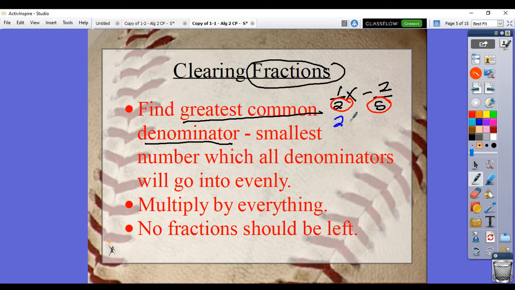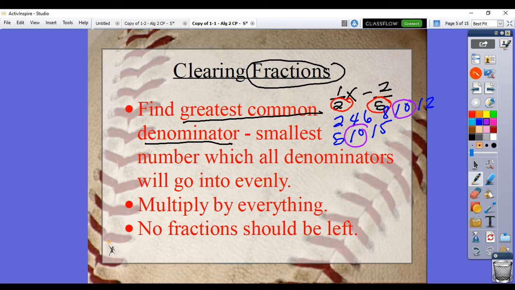Look, the multiples of 2 are 2, 4, 6, 8, 10, 12. What about 5? It's 5, 10, 15. The smallest that goes for both of them is obviously 10. So that will be your greatest common denominator.